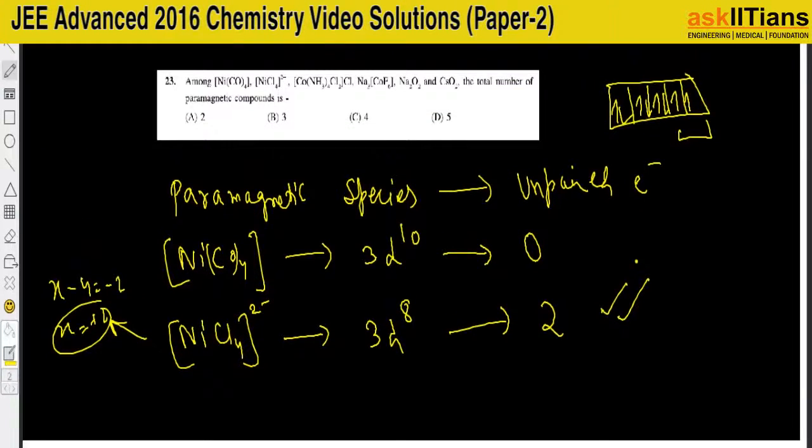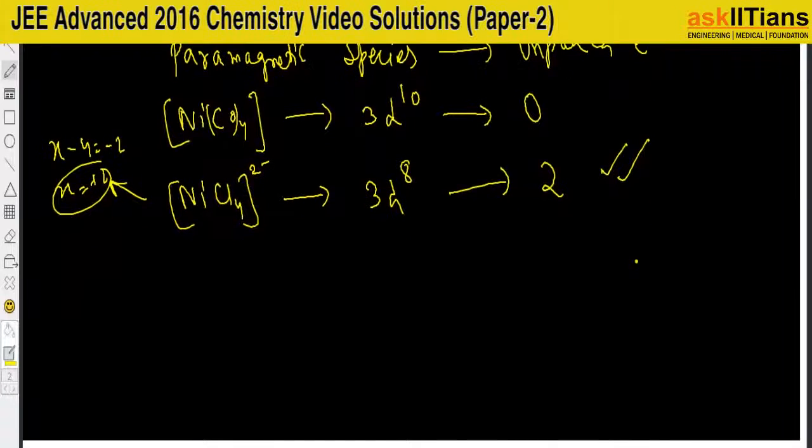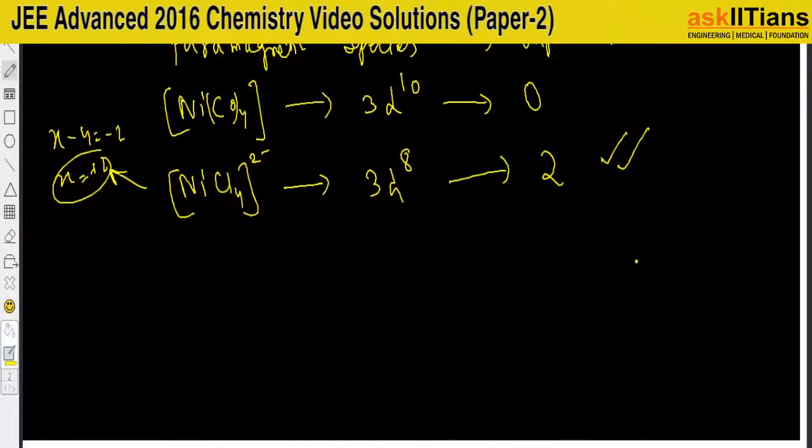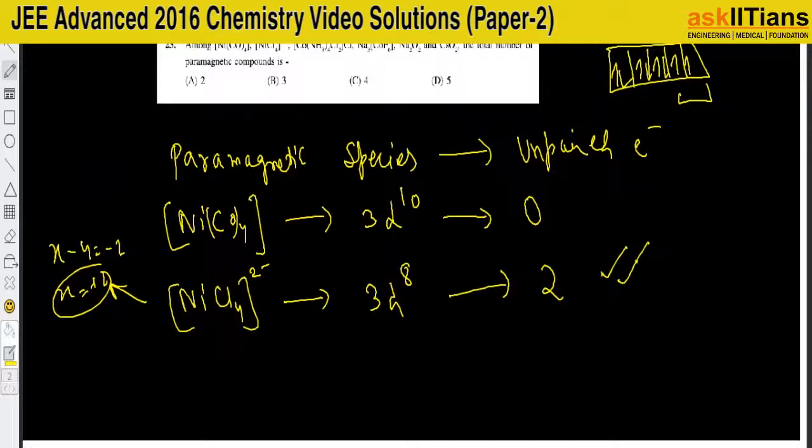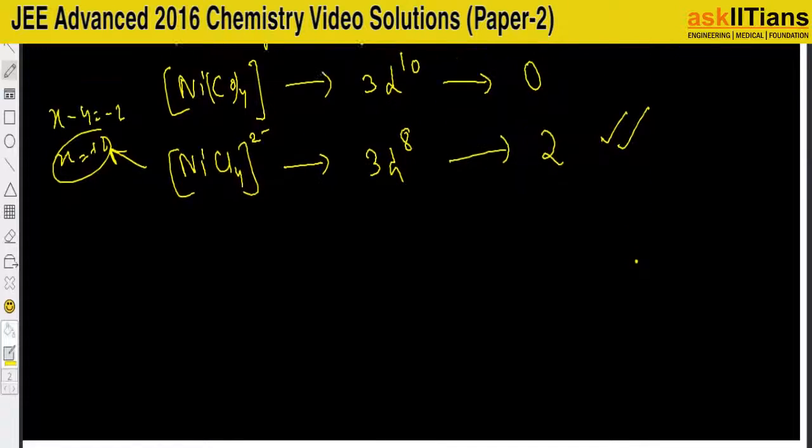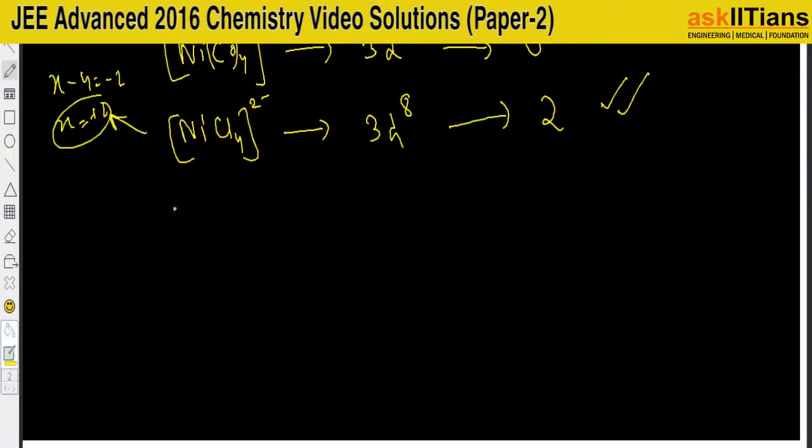Now let's move on to the next, which is my Co(NH3)4Cl2 Cl. If I talk of this again, you first have to calculate your oxidation state, right?